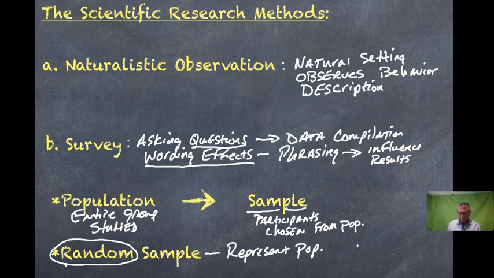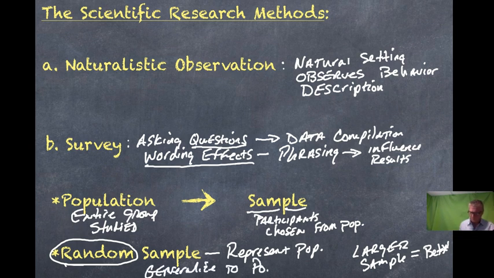The rule is larger samples are better. The larger the sample, the more likely it is to represent the population. The hope is, with a sample, can you generalize to the population? That means you take the information you got from 1,500 voters or 1,500 teenagers, or 1,500 auto workers, whatever it might be.